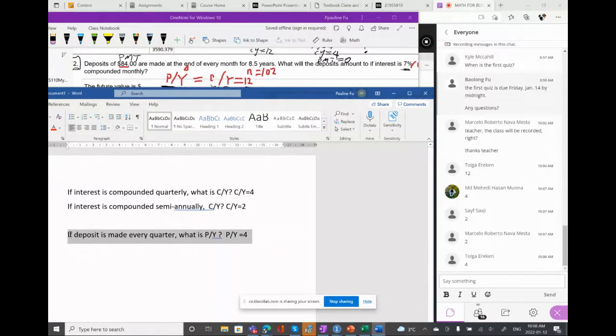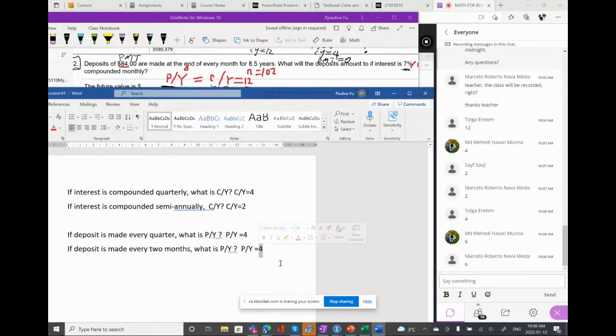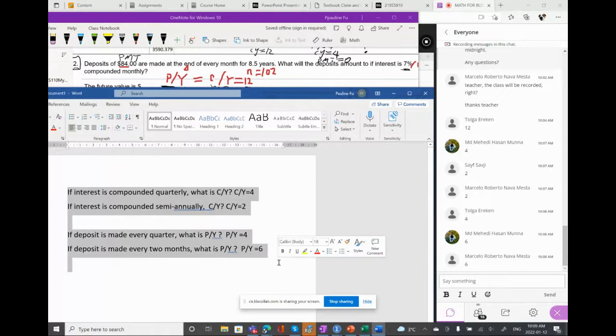Another question. If a deposit is made every 2 months, what is PY? Marcelo, 6. Thank you. Hassan, 6. So this is an important concept, what PY is and what CY is. Make sure you get PY and CY correct.